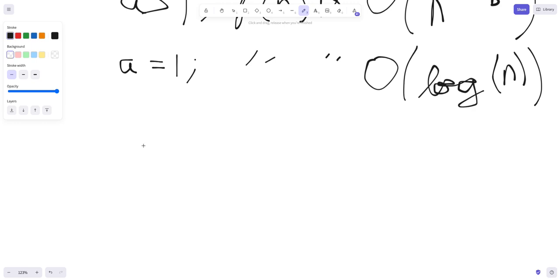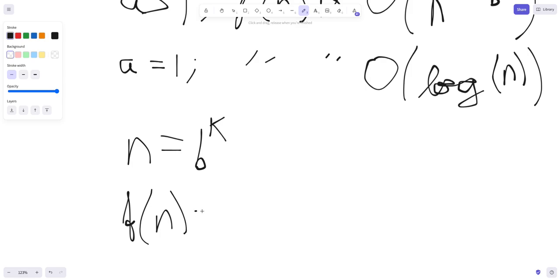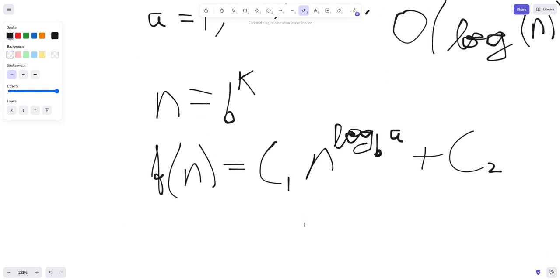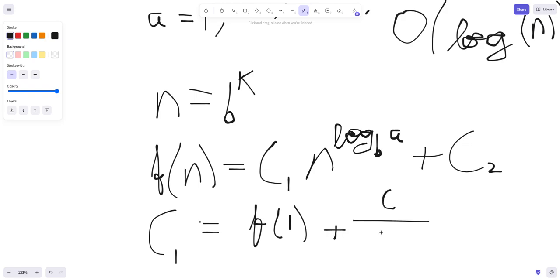Additionally, if we have n in the form of b to the power of k, then we can say f of n is equal to c1 times n to the log base b of a, plus c2, where c1 is equal to f of 1 plus c divided by a minus 1.